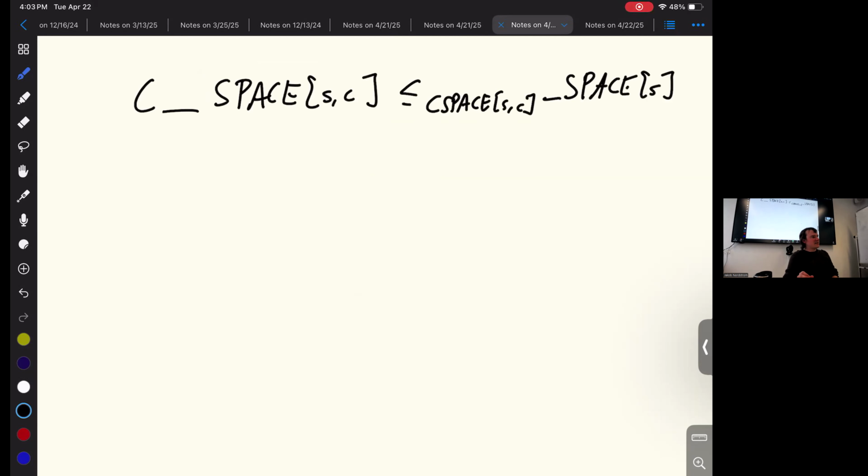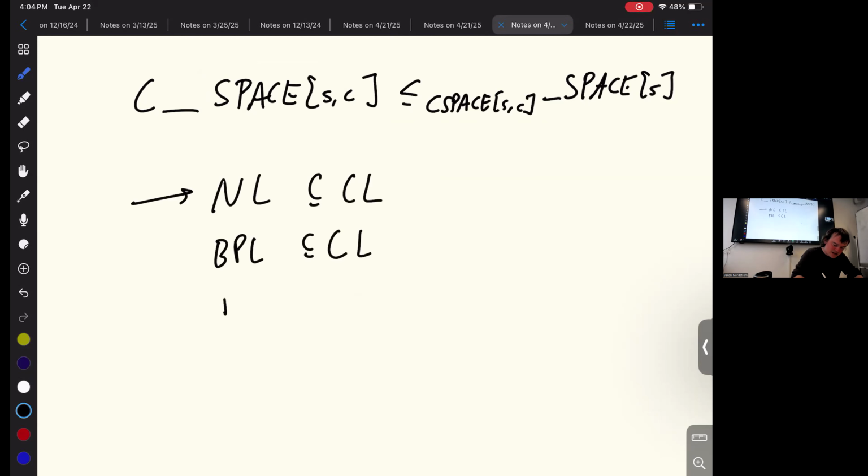So there's a catalytic space procedure which incurs no losses, which transforms the instance, or solves the problem directly, into an instance of the regular version, and then we just appeal to the fact that NL's in CL, BPL's in CL, PL is in CL, etc. So basically, this just becomes C space, and this also becomes C space. Put these two together, you get a C space algorithm, and that's the whole procedure.